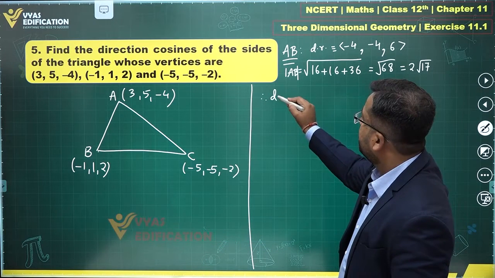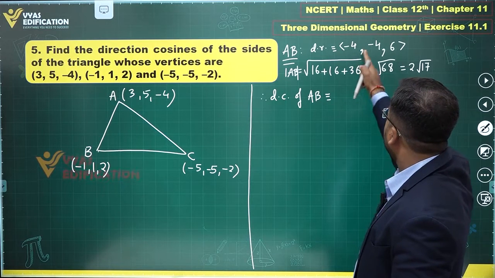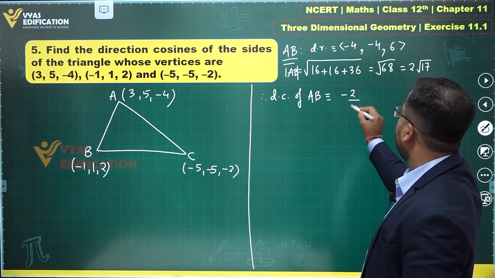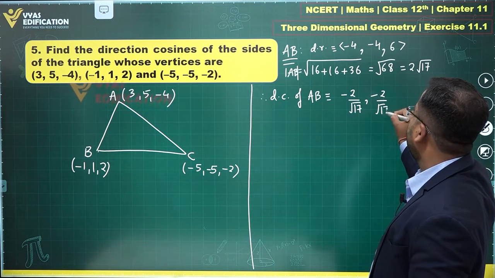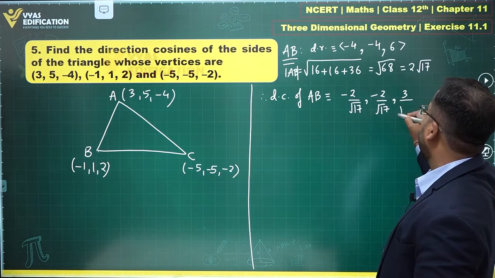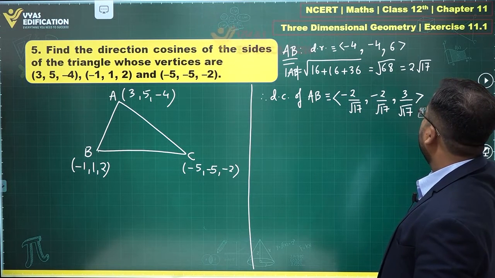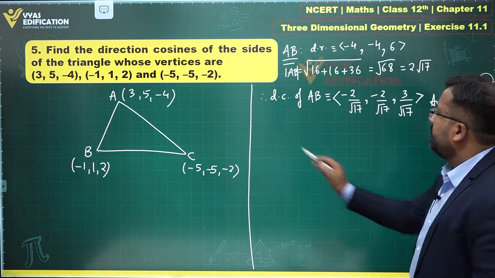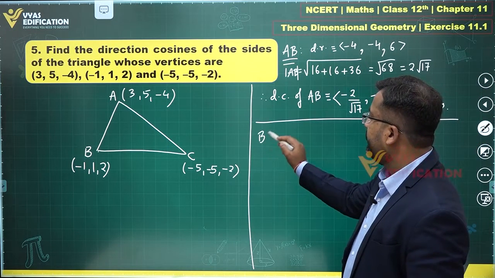Therefore, direction cosines of AB will be minus 4 upon this, which will become minus 2 upon root 17, this will again become minus 2 upon root 17, comma 3 upon root 17. That's my answer for the first part, AB. Let's take a look at the next one, BC.